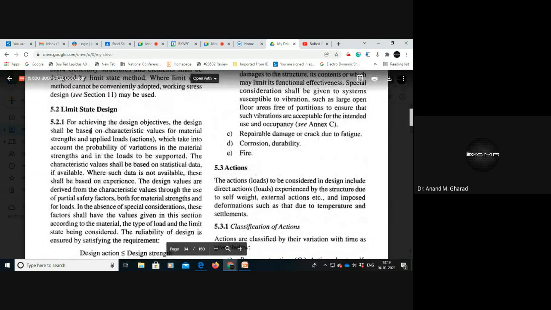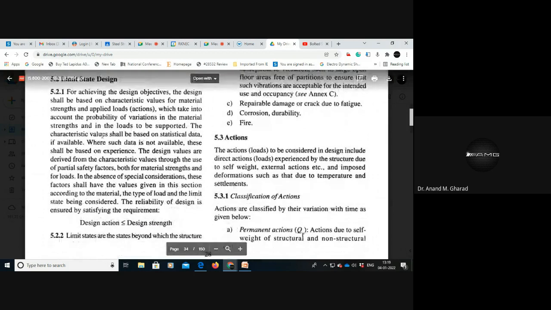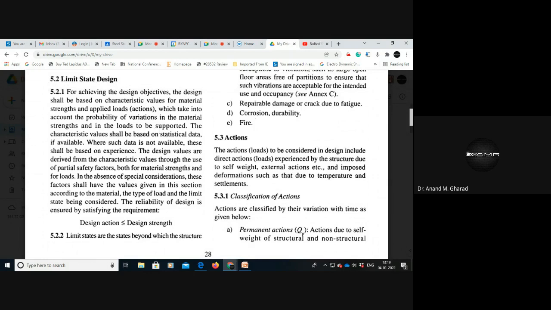Limit state of design. What exactly is it? For achieving the design objectives, design shall be based on characteristic values for material strengths and applied loads action, which take into account the probability of variations in material strengths and in loads to be supported. So just remember, I had told you about the partial safety factor concept, isn't it?